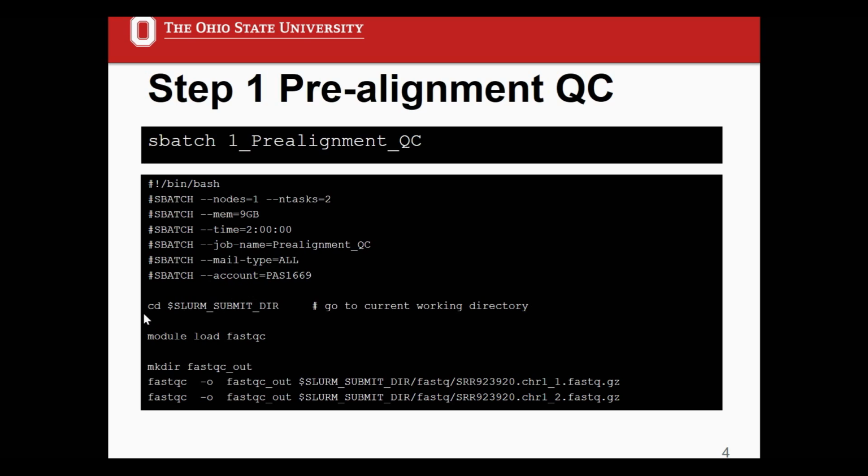And then the first command of the job script is to go to the current directory where this job script is located, and then module load the FastQC software, and then make a directory called FastQC out. Then we call this FastQC software, tell it to put the output into the FastQC out folder, and the input file is specified with the location and the file name.